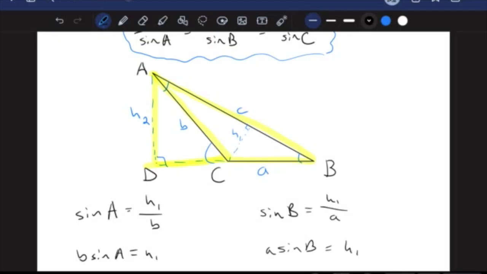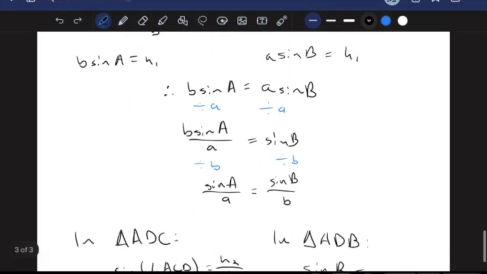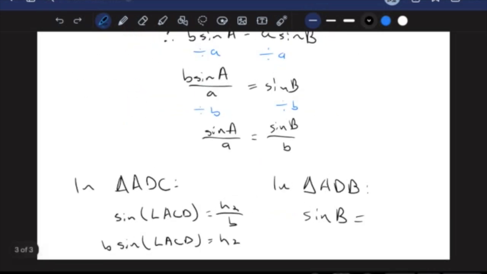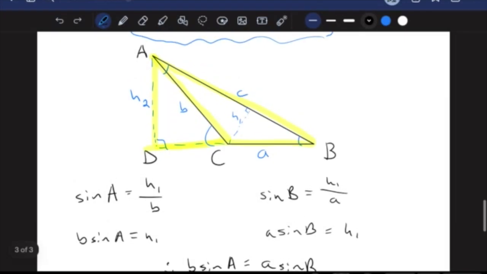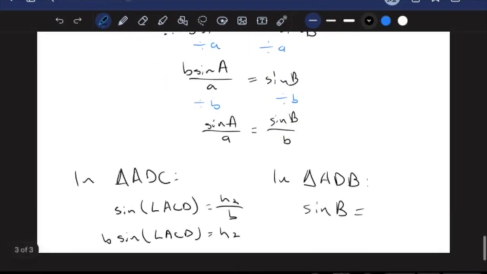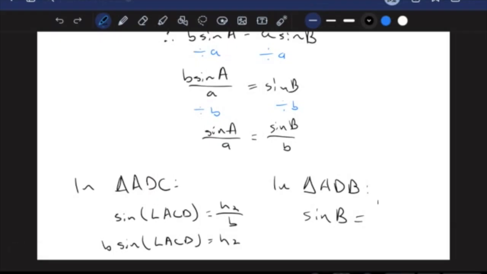I'm still looking at the angle down here. So sine B is going to equal my opposite, H2, over my hypotenuse C. And I'm going to rearrange this formula where it tells me that C sine B equals H2.